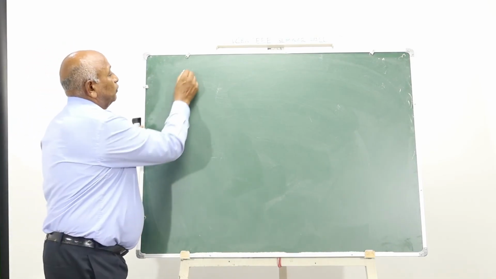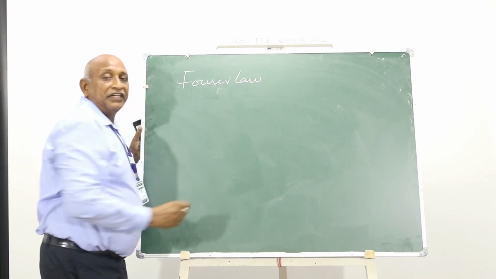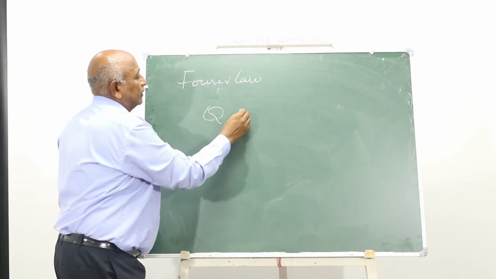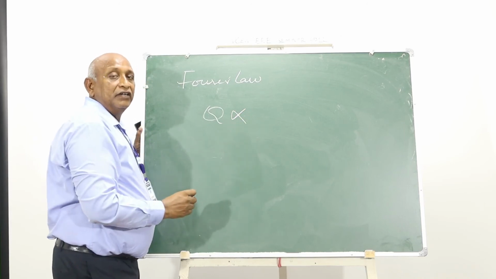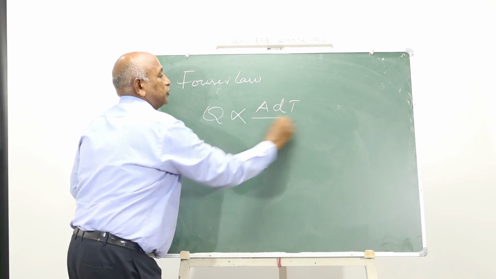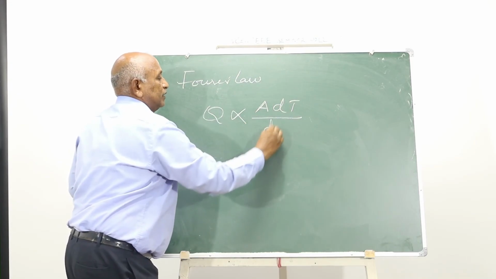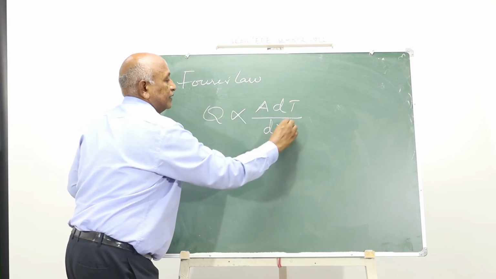The statement for Fourier's law is that the rate of heat flow is directly proportional to the area of heat transfer and temperature difference, and inversely proportional to the length of the path of heat transfer, that is dx.